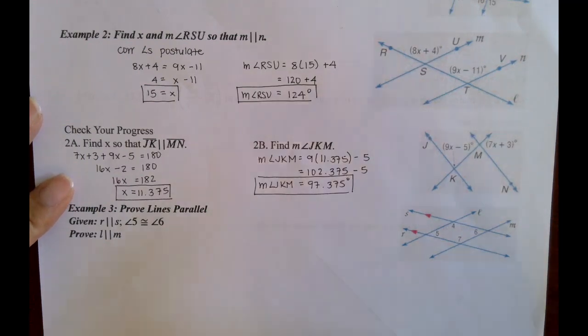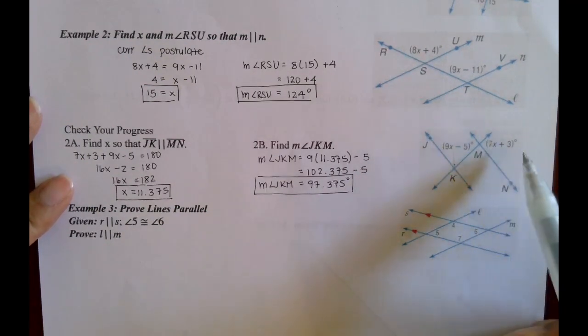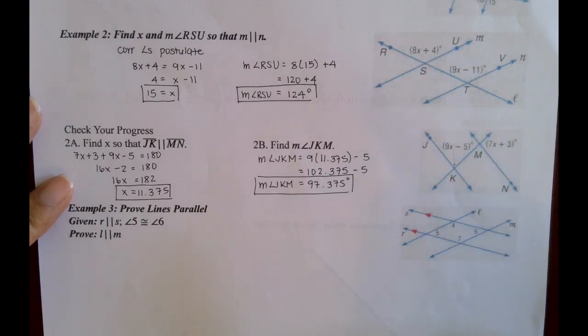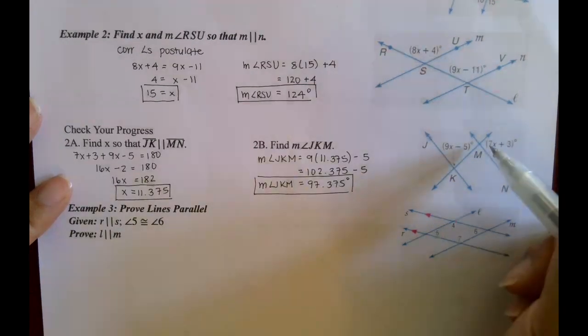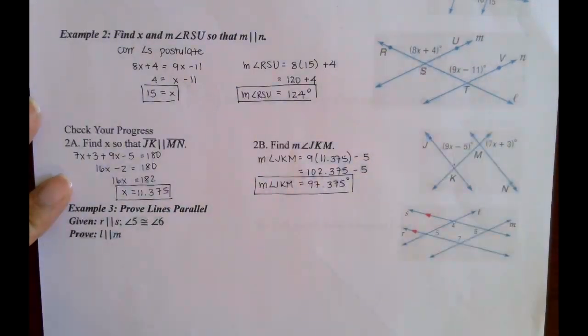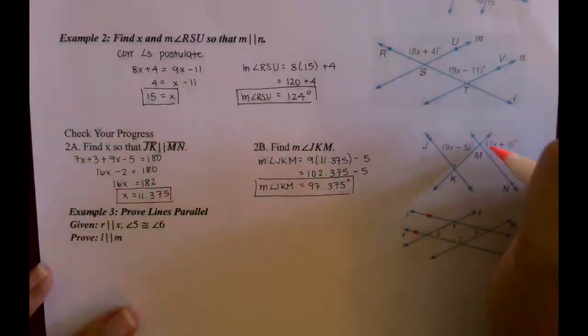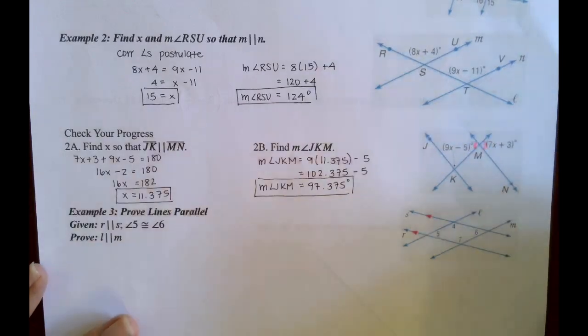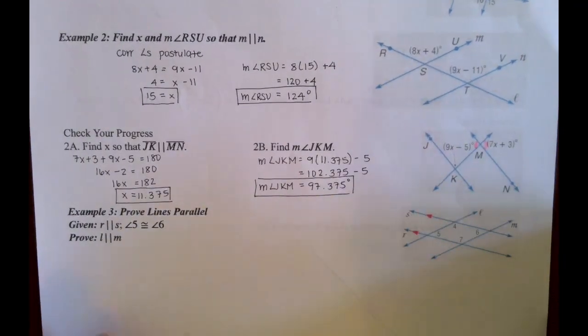Okay, so here, angle JKM and this angle here don't have a specific relationship right now. However, this angle and this angle do. This angle and this angle here are vertical angles, so they're congruent.